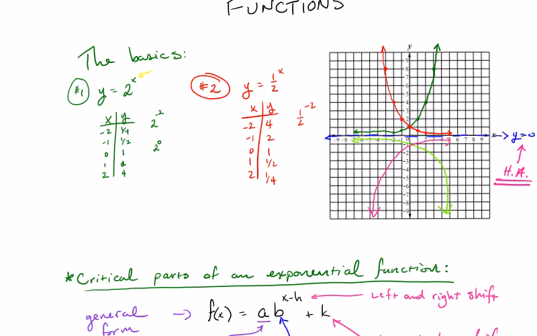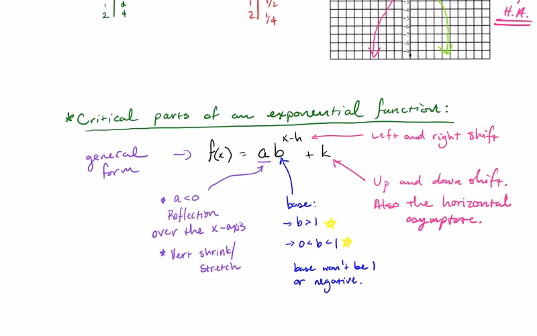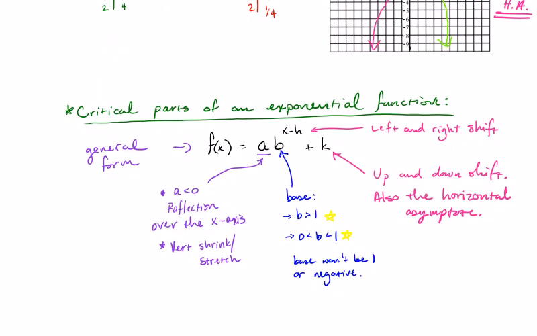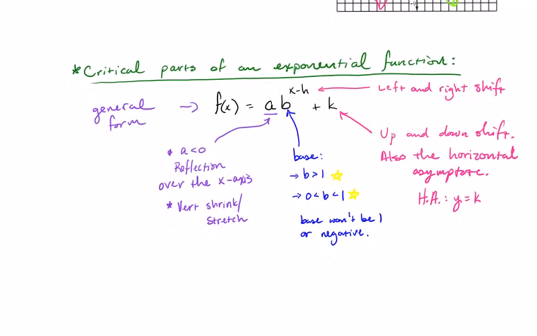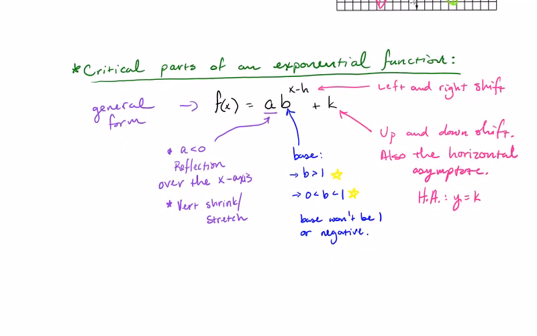However, if it's shifted up or down, that function will now have a horizontal asymptote at the shift. So you can think of this as the horizontal asymptote is always at y equals k. If there's no shift, then it's at y equals 0. But if there's a shift, then it's going to be at y equals k. Alright?